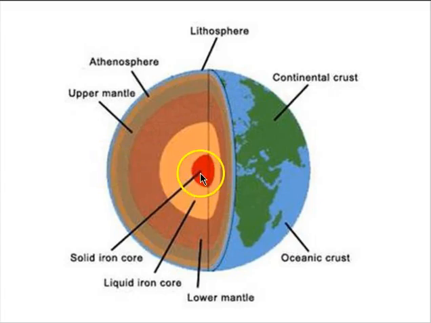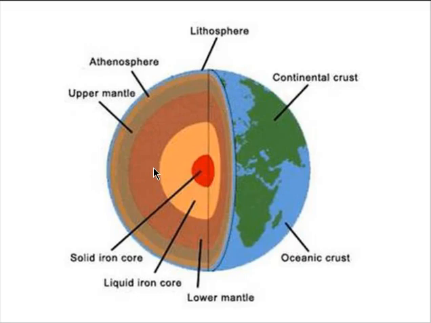All right, so remember that we've got the core, and the very inner part of the Earth is called the inner core, and it's a solid structure. You move out a little bit, and then you have the outer core, and the outer core is actually a liquid structure, so it does flow. And then we move out another layer, and we have what's called the mesosphere.